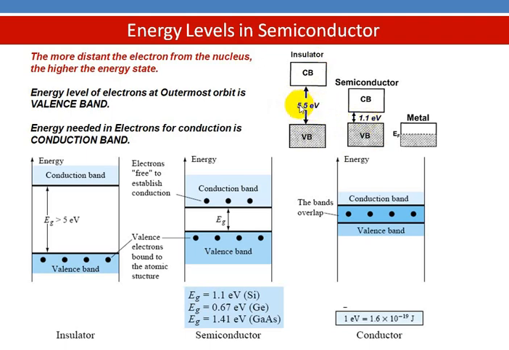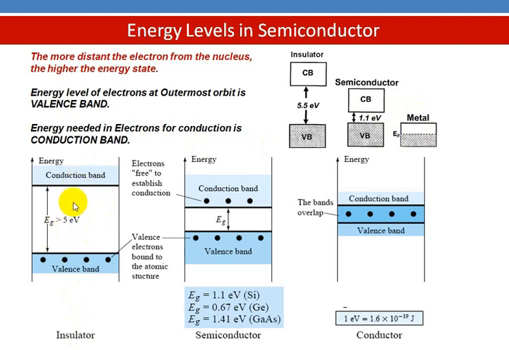This much energy is required to release electrons from the valence band to the conduction band. The electrons in the conduction band are responsible for carrying current. Whereas in the semiconductor, we need 1.1 electron volt to move an electron from the valence band to the conduction band. So somewhat lesser energy. Whereas in metals, very little energy is required. So here the valence band and conduction band overlap each other.